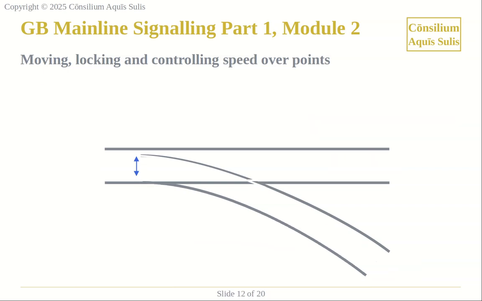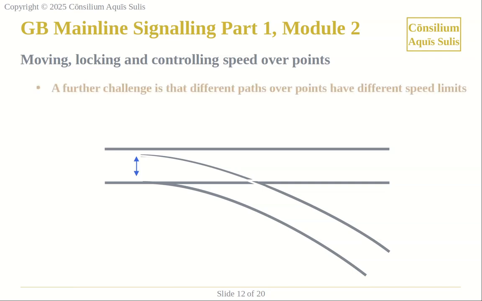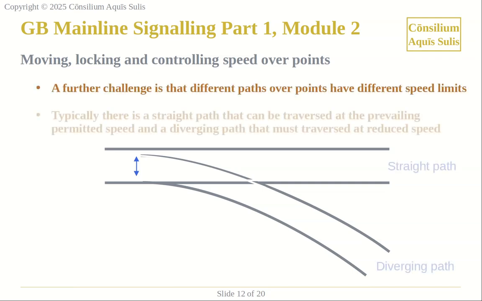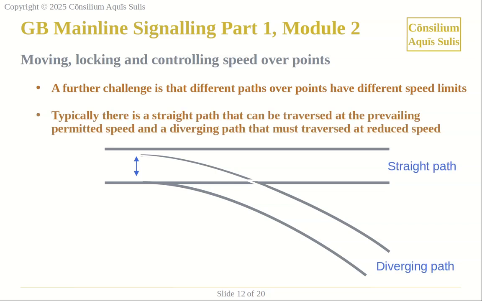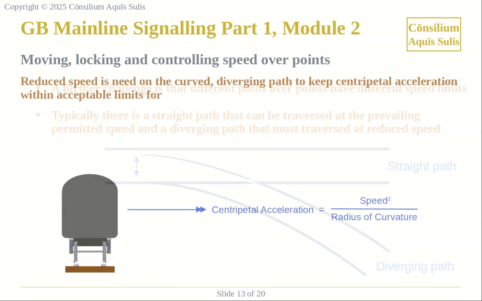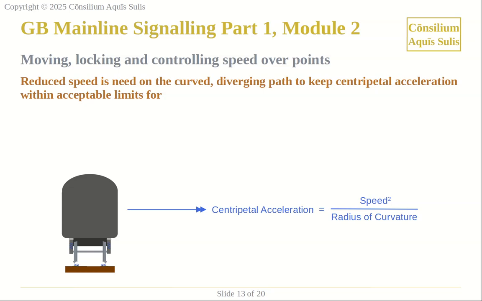A further role of signalling that's perhaps less obvious is controlling the speed that trains traverse junctions, because typically junctions have a straight through route that can be traversed at the full speed for the line, and a diverging path on a curve that must be traversed at a reduced speed owing to the centripetal acceleration associated with the curve, which increases in proportion to the square of speed.